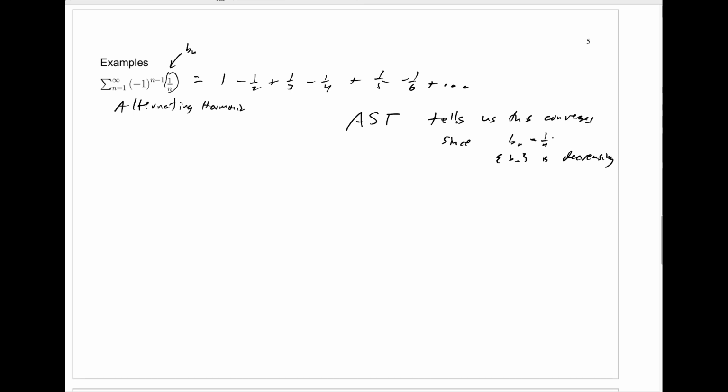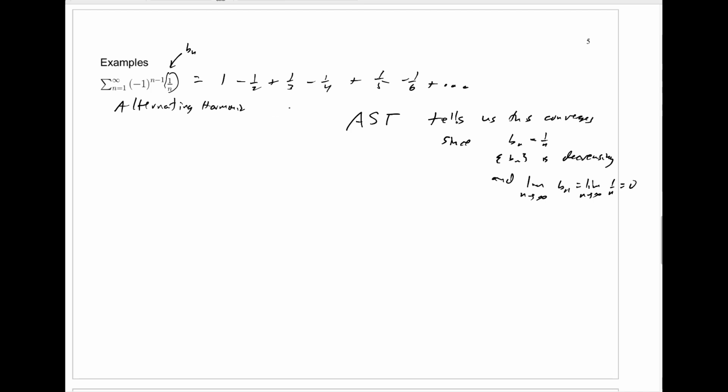It's clear that the bigger n gets, the smaller 1 over n gets. And the limit as n goes to infinity of b sub n, that's just the limit as n goes to infinity of 1 over n, that's clearly 0. So the alternating series test tells us immediately that that series converges.